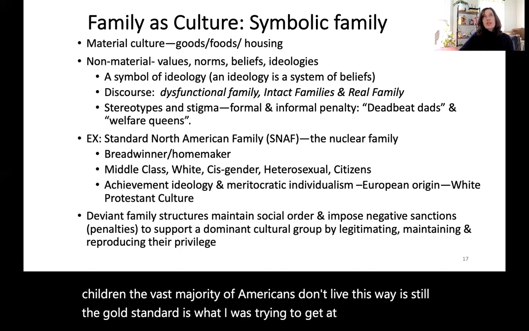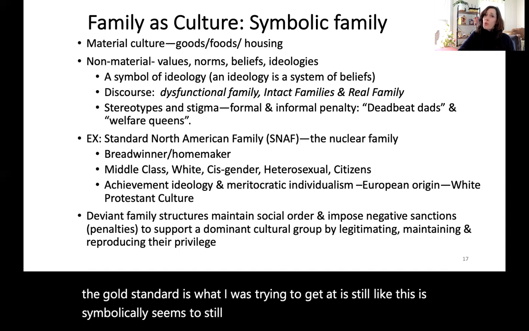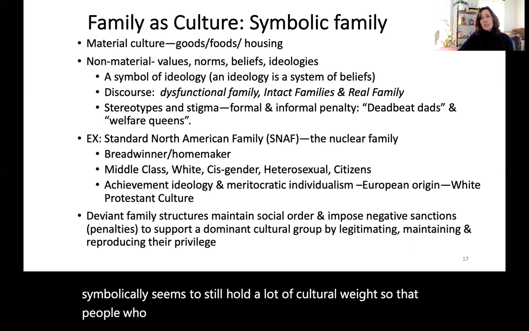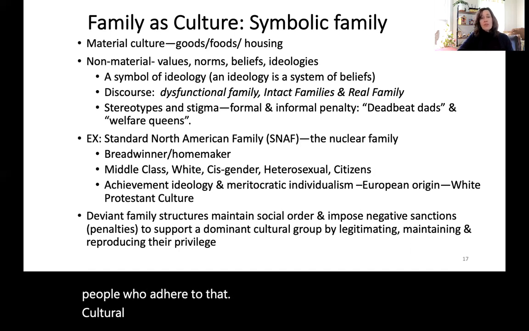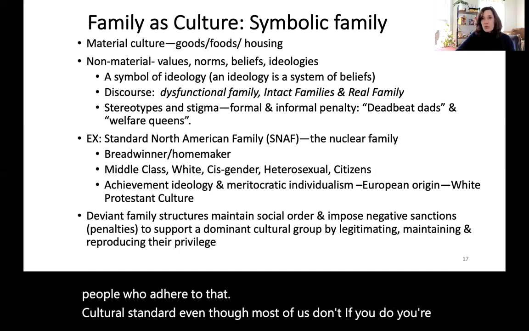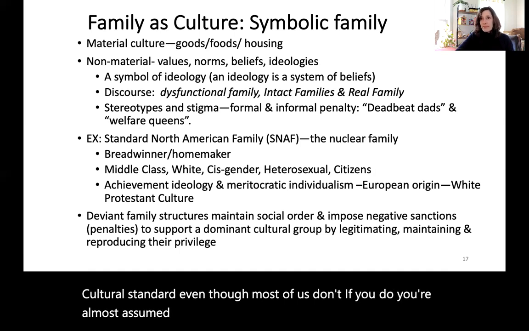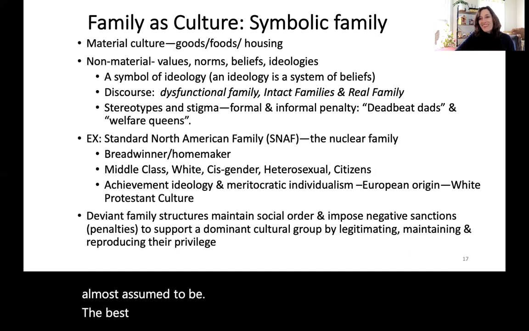It symbolically seems to still hold a lot of cultural weight, so that people who adhere to that cultural standard, even though most of us don't, if you do, you're almost assumed to be the best family, right? Even though it could be a family that is actually very toxic.